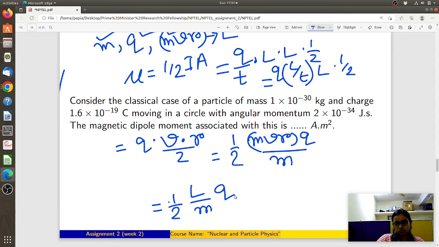So by putting the values of M, Q and L, we can get the value of mu.